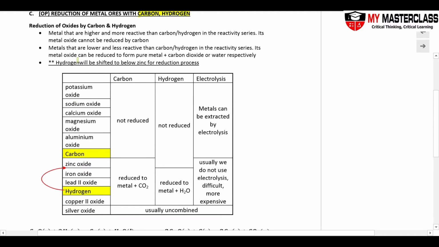That's why in my metal reactivity series I have carbon and hydrogen. So let's look at this. How do we reduce the metal ores by using carbon and hydrogen? Metals that are higher and more reactive than carbon in the reactivity series cannot be reduced by carbon.